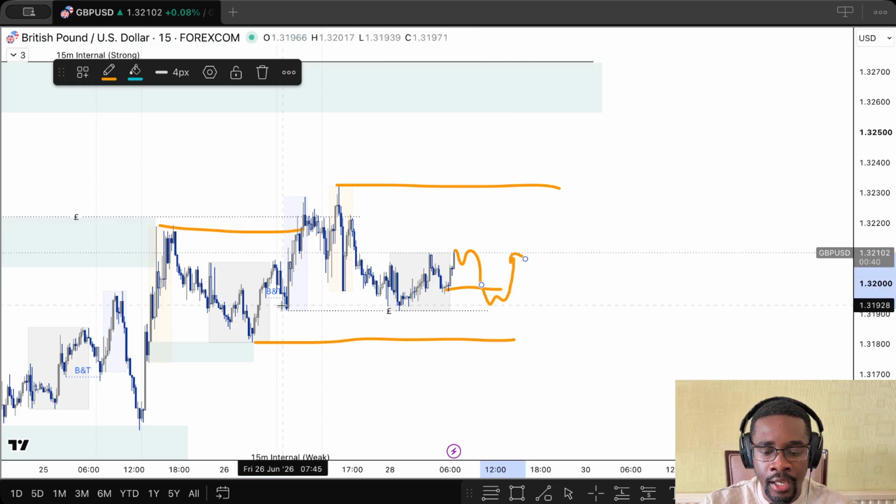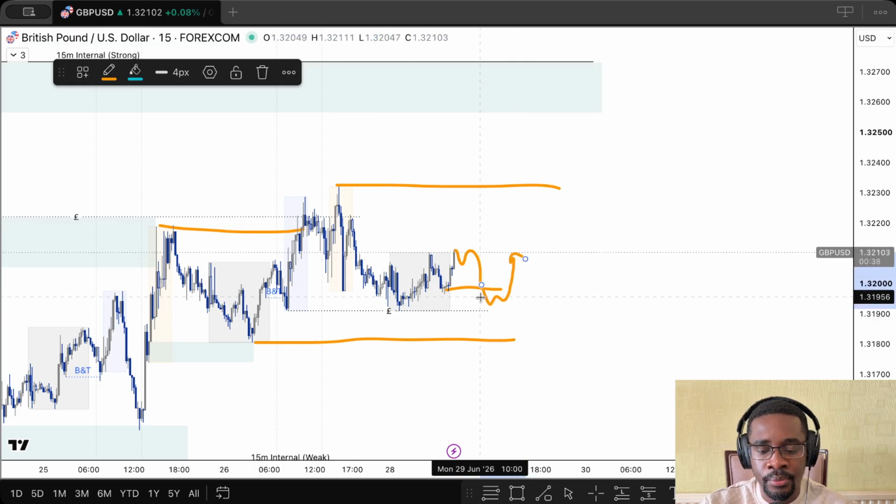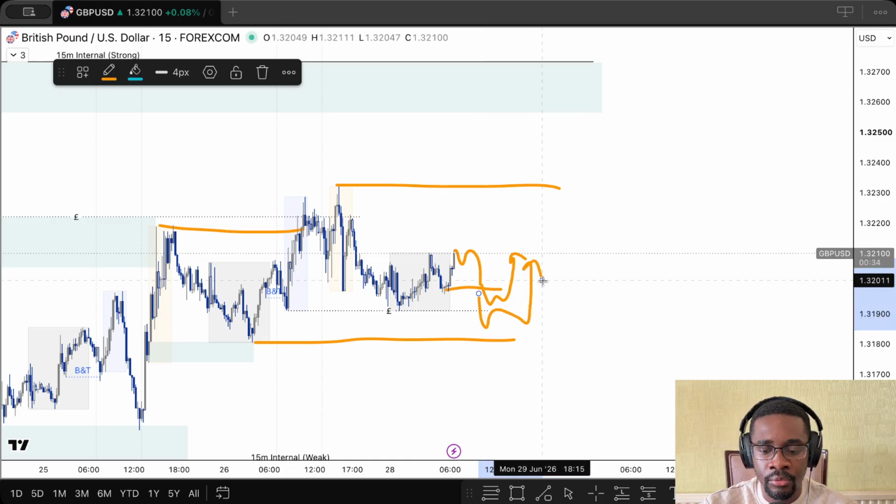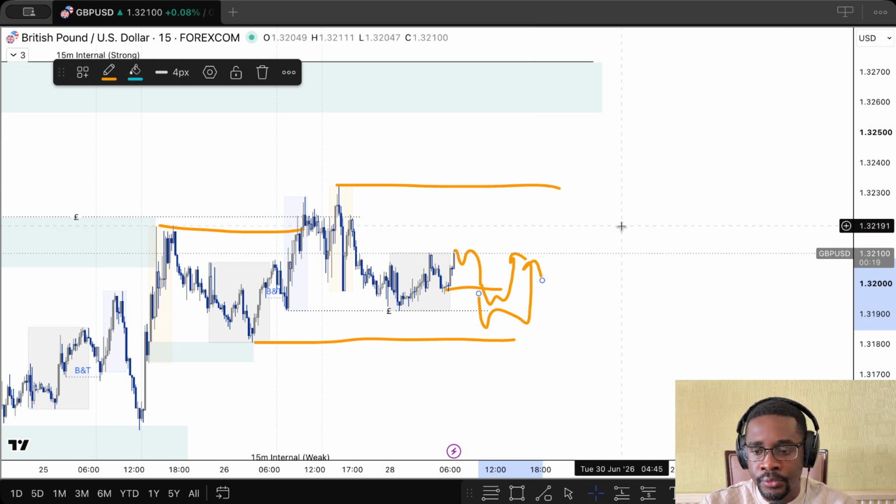But because we have these relative equal lows at the bottom, ideally you'd want to see those taken as well, and then see price react and continue to the upside, targeting this high. So those have been my trade ideas for today.